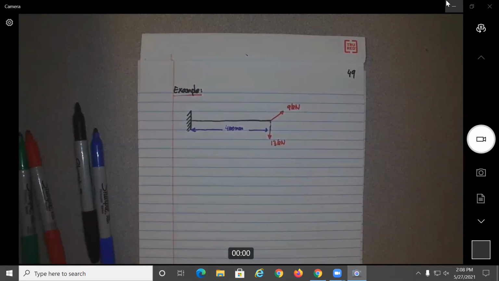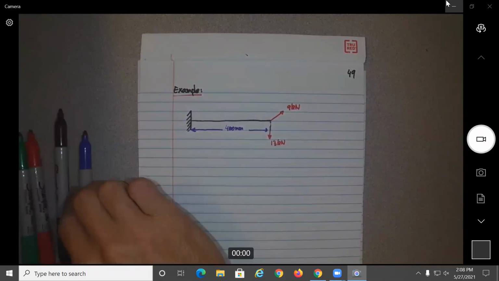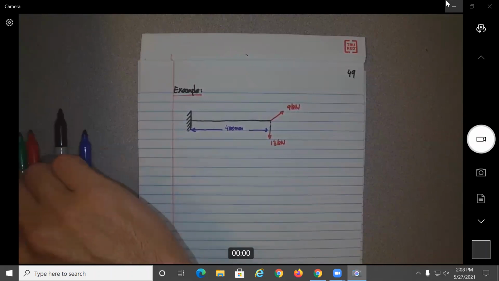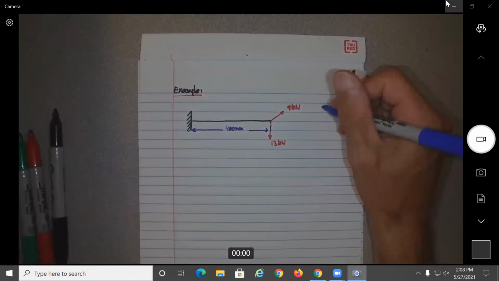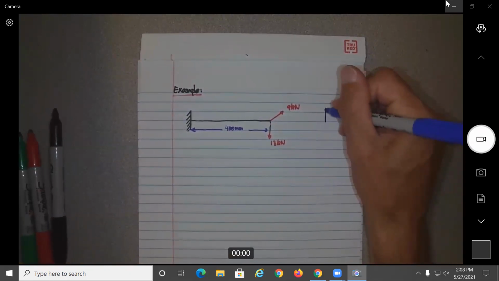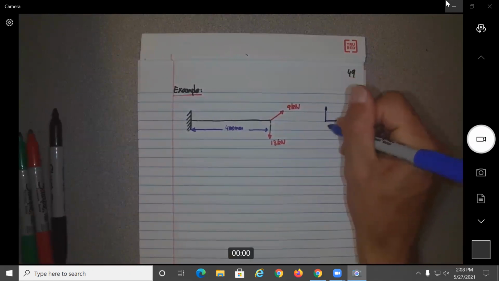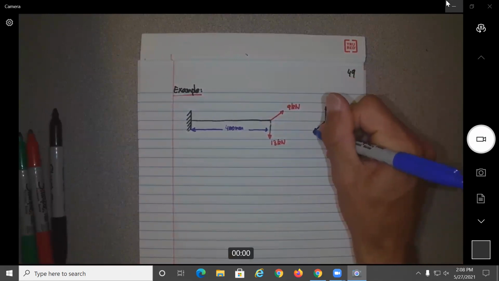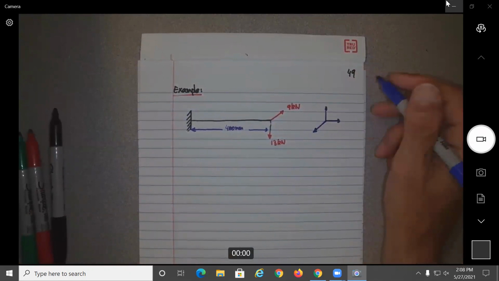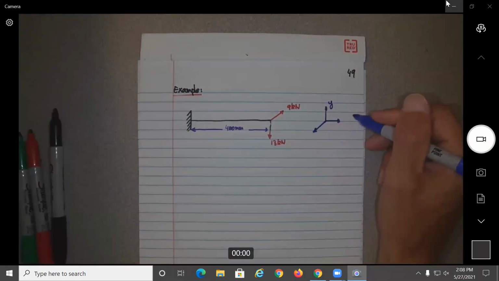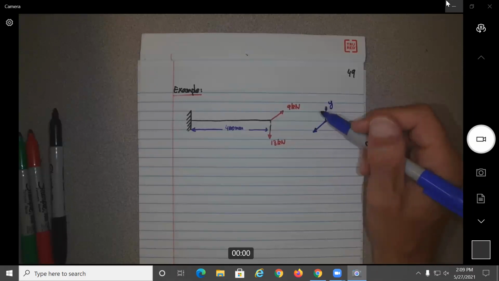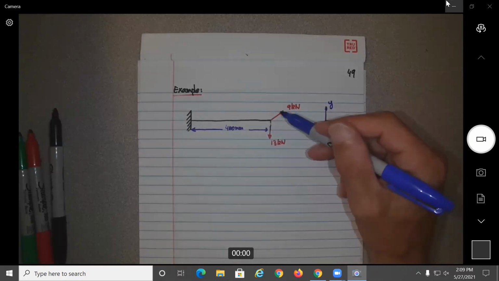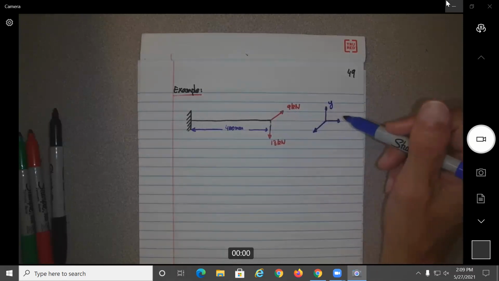So let's select here a reference frame. So do you want me to use the one I use here on my notes, or do you want to select? I don't care. Tell me how you want to use it. So let's use Y, this one. Now the question is which one you want to be X and Z. You want X to be this direction, or you want it to be the length of the beam?